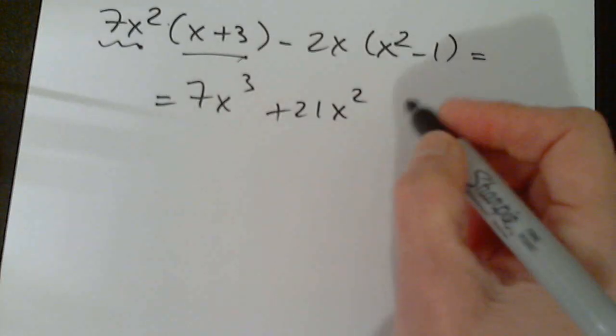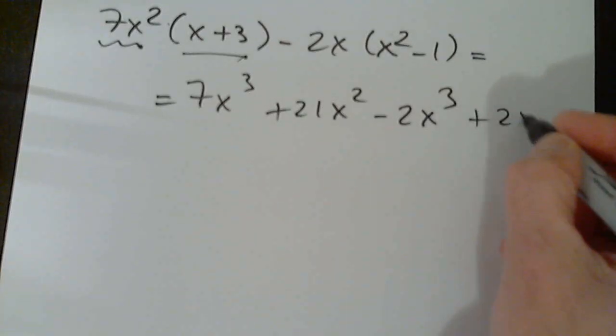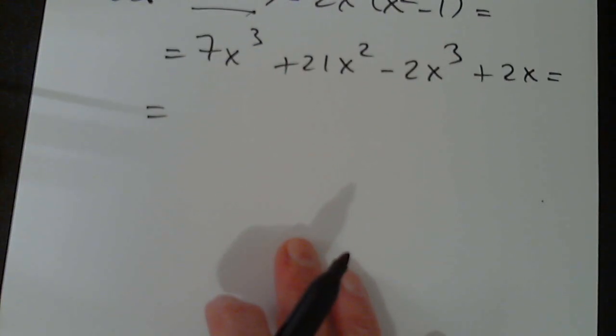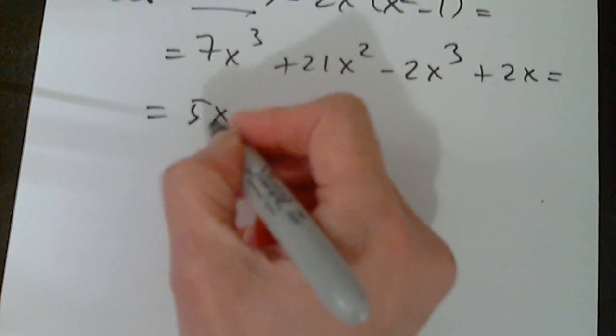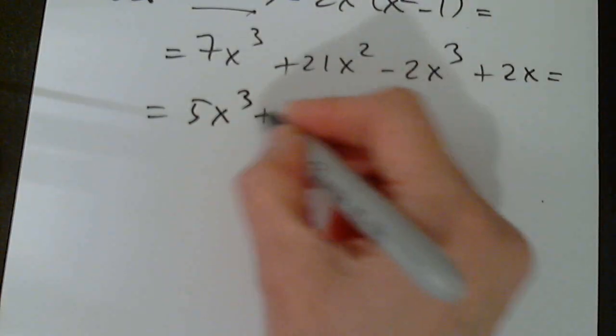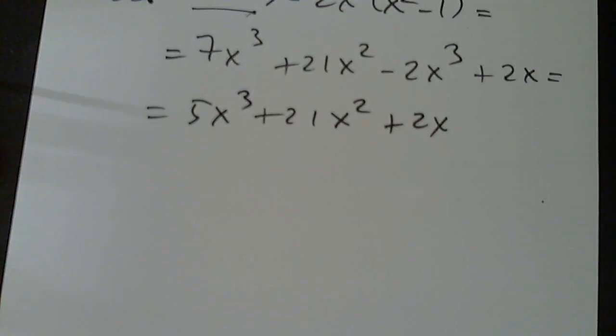Negative 2x times x squared is negative 2x cubed. Negative 2x times negative 1 is positive 2x. We have to combine like terms and present everything in descending order. 7 apples minus 2 apples is 5 apples. 21 has nothing to do with 2x, so 21x squared is alone, and then plus 2x.